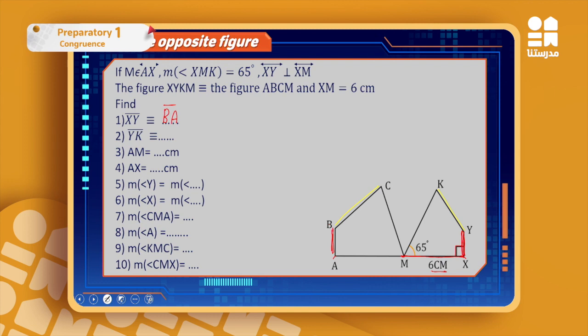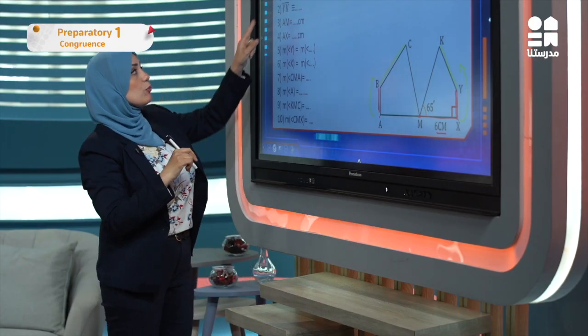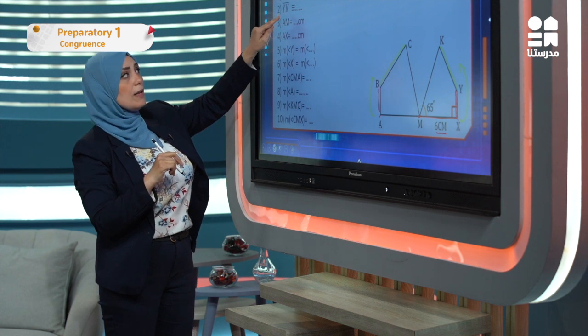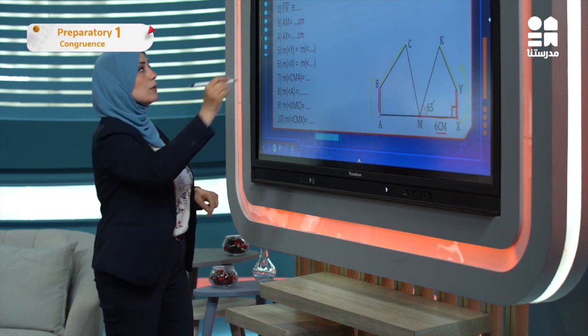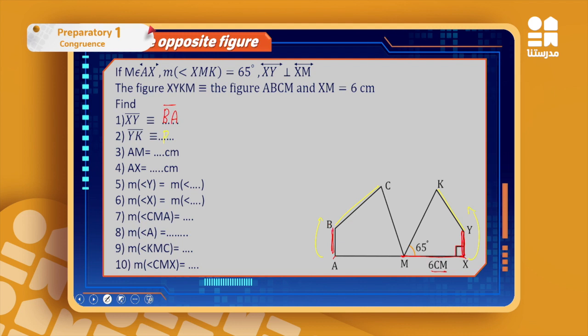So I can rename it like that. XYK, move to the top, and here we have to do the same. A, B, C, to count all the vertices. So one more time, YK is congruent to BC.